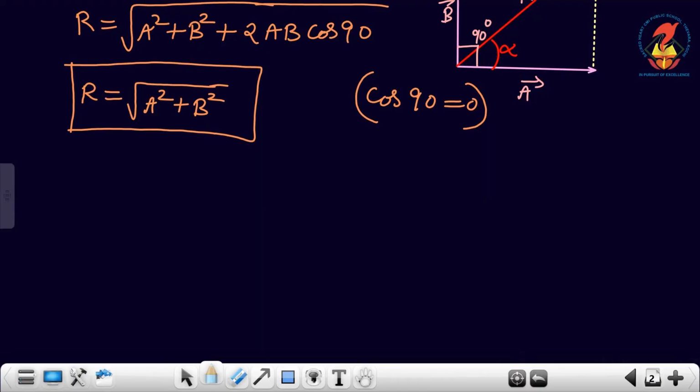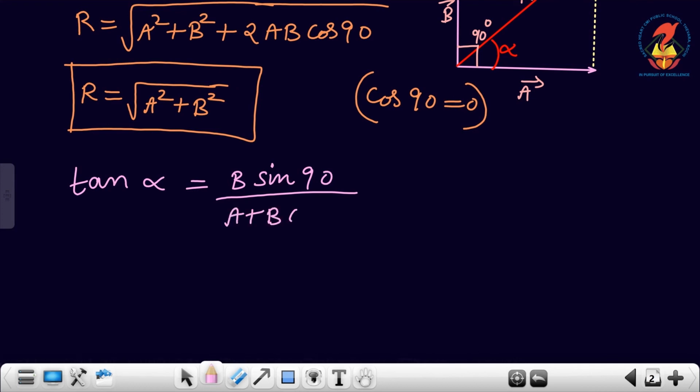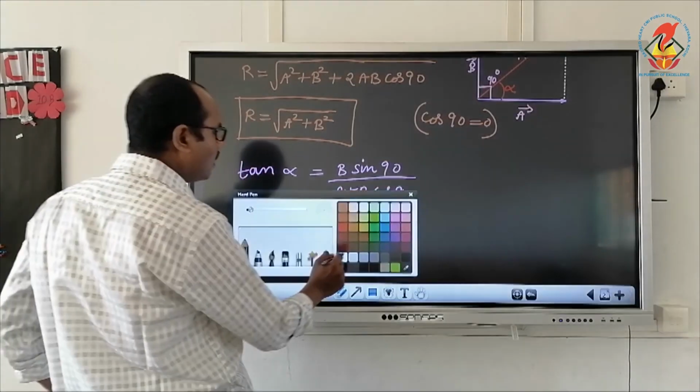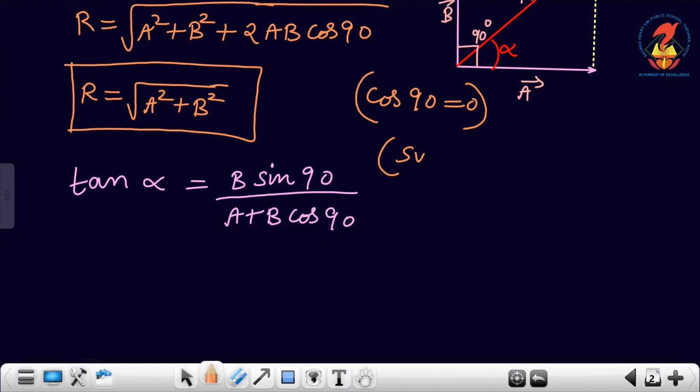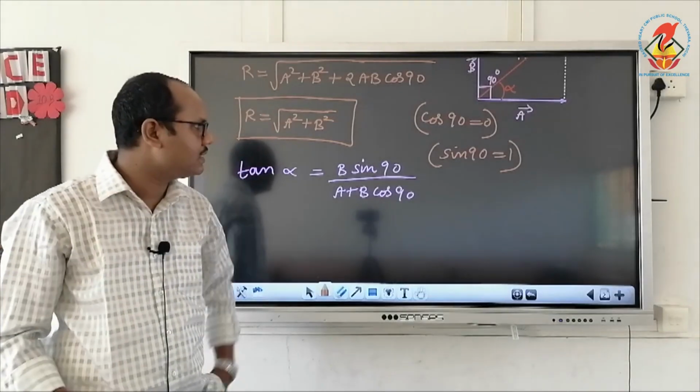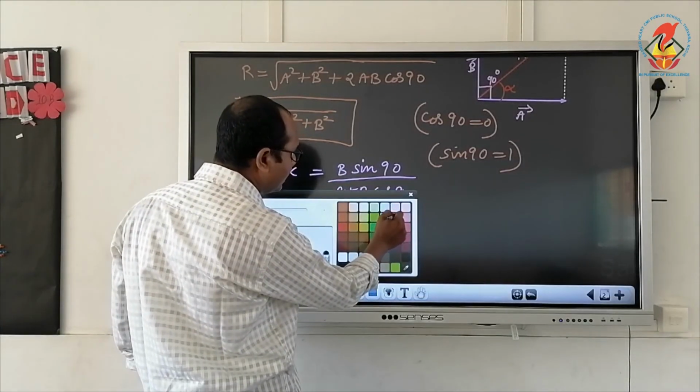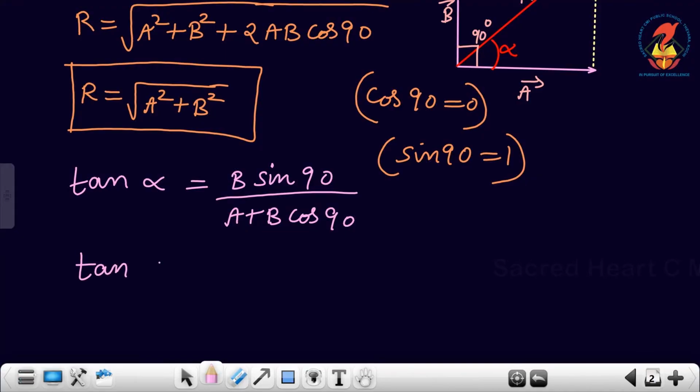Now how will I find the direction? Direction is given by tan alpha. So tan alpha is equal to B sin 90 by A plus B cos 90. So here we have written cos 90 is equal to 0. So what is sin 90? Sin 90 is equal to 1. So we have those two factors. I will be getting the answer as tan alpha is equal to B sin 90 is 1 and cos 90 is 0.